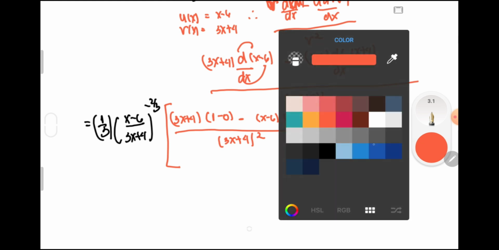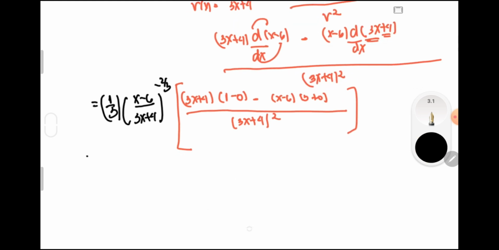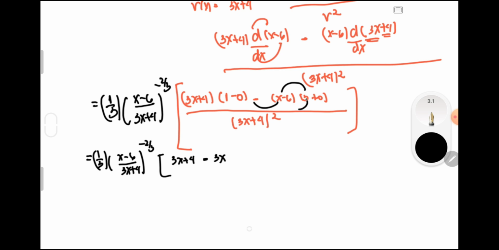Okay, so we'll have a value equal to 1/3 multiplied by x minus 6 all over 3x plus 4 raised to negative 2/3, multiplied by, let's simplify, 3x plus 4 minus 3x minus negative, so we have negative 3x, and then positive 3 multiplied by negative 6 is negative 18, multiplied by negative 1 we have positive 18, divided by 3x plus 4 squared.